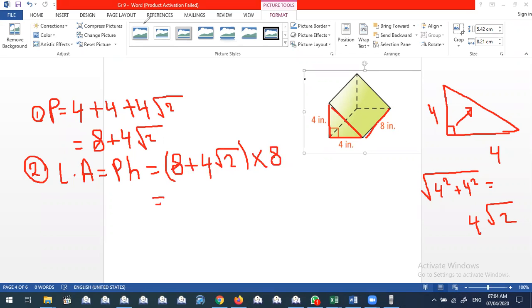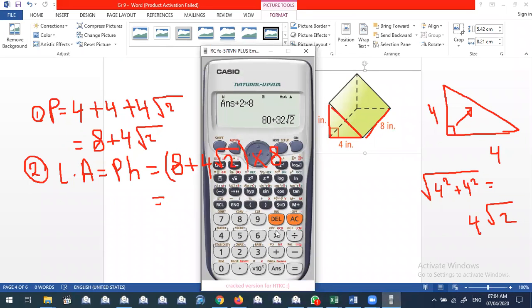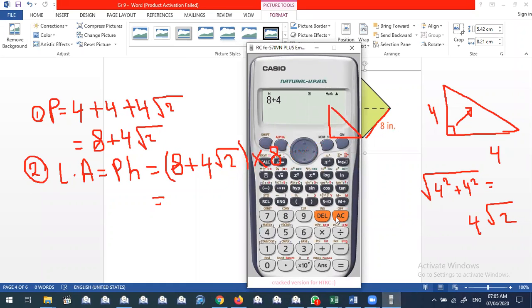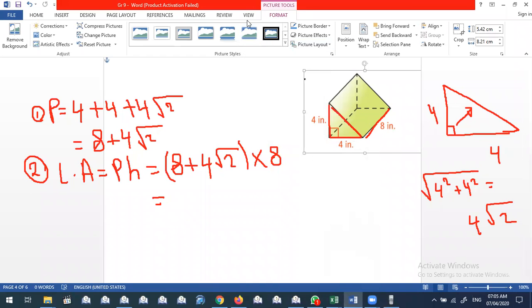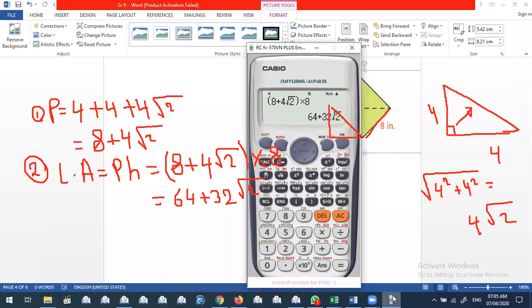The answer: 8 times the bracket 8 plus 4 square root 2, close the bracket, gives 64 plus 32 square root 2. This is the lateral area.